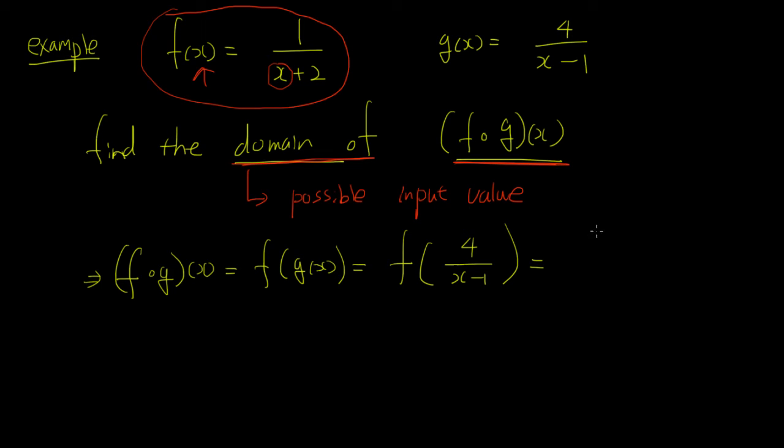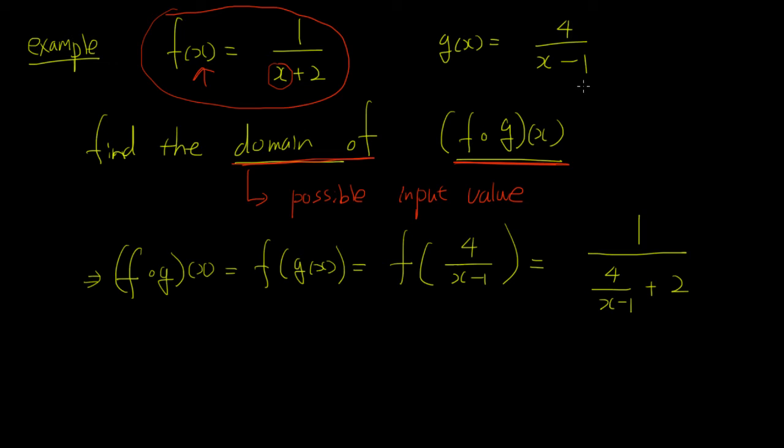And now that's the input value of this. So I'm going to replace what used to be x in 1 over x plus 2. Now it's going to be 1 over 4x minus 1 plus 2, right? Plus 2. Okay.